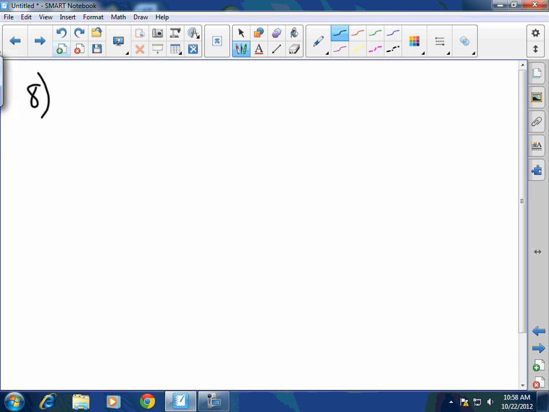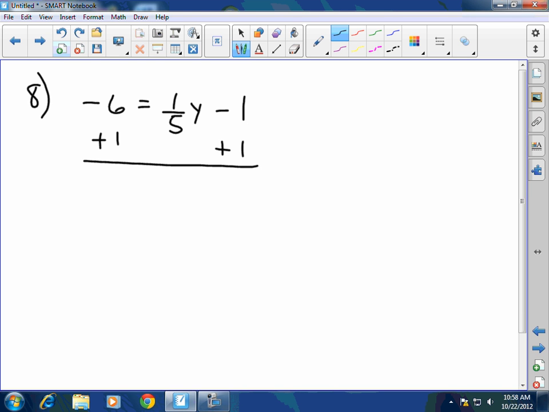Now 8. I got negative 6 equals 1/5 y minus 1. You add 1 to both sides. That's going to be negative 5 equals 1/5 y. And that was because of the addition property of equality.